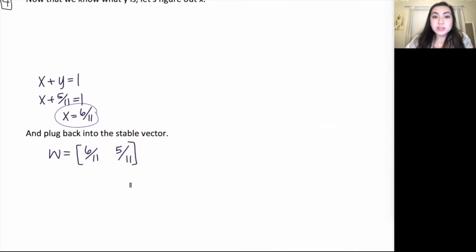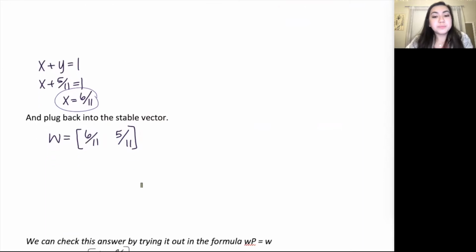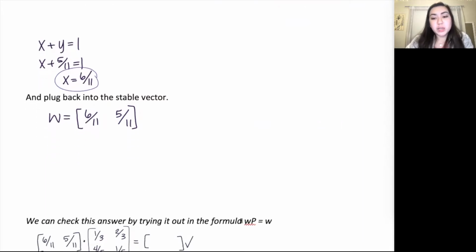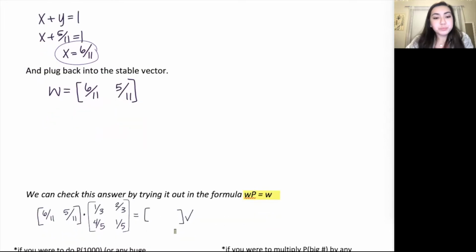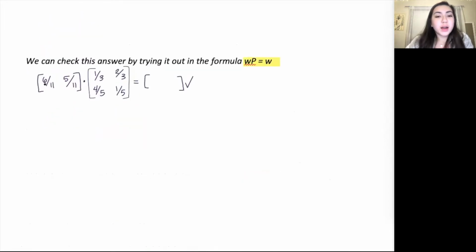In order to check this, as there are often ways to check things in finite, you can plug it back into the formula WP equals W. So here I just plugged in our W, I put in our P, and if you were to do the matrix multiplication, so this row times this column for this value, this row times this column for this value, you would once again get this over here to equal 6 over 11 and 5 over 11.